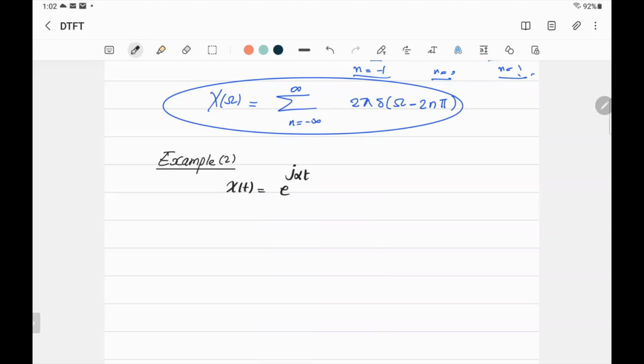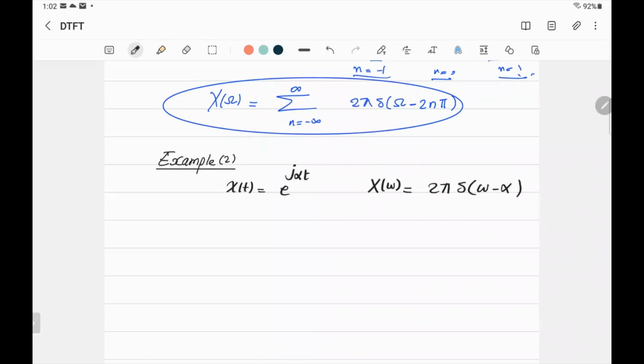If I look at the table for the continuous, I found that x of omega is equal to 2 pi delta omega minus alpha. You see, we have 2 pi from the beginning.